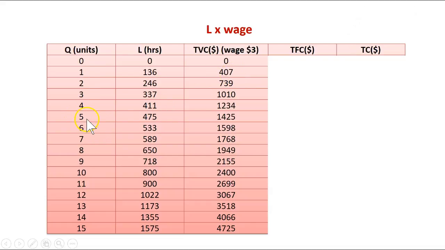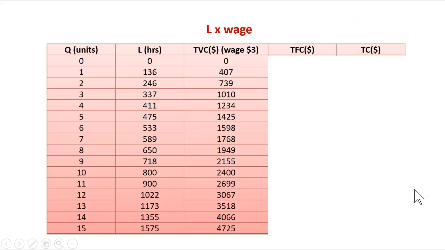To produce 5 units of output, the labour costs will be $1,425. To produce 11 units of output, we'll need to spend $2,699 on labour.